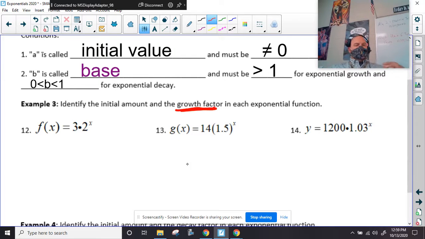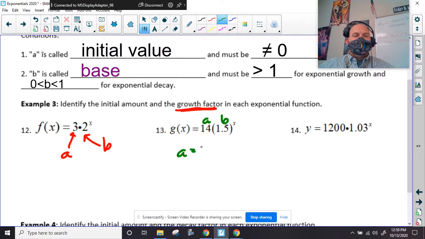It's asking for the initial amount, the A, and the growth factor, which is B. So if I was a student taking notes right now, this is what I would do because I'm kind of lazy: A, B. Because it makes more sense. If you want to get even less fancy, you just write A and then B over the numbers, because some teachers actually want you to do this.